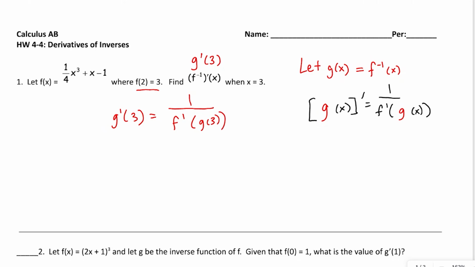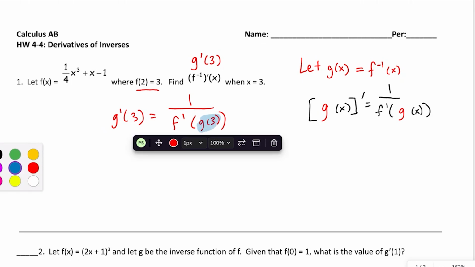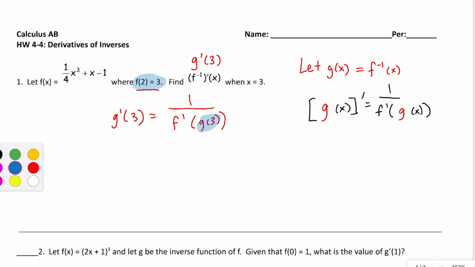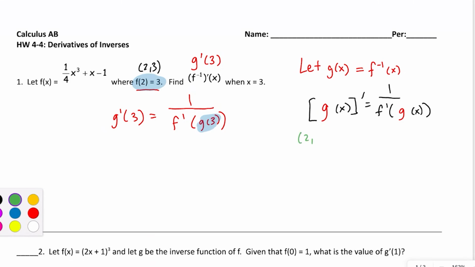Now, in order to answer this question, we're going to have to find two pieces of information. First, we're going to have to find what's g of 3. And that information is going to be given from this point right here. If 2 comma 3 is on f, then on f inverse, so maybe I'll write this over here, that means that 3 comma 2 is on the inverse of f.